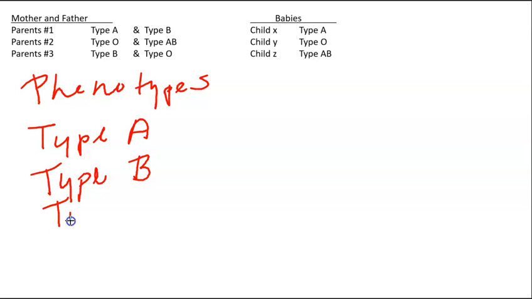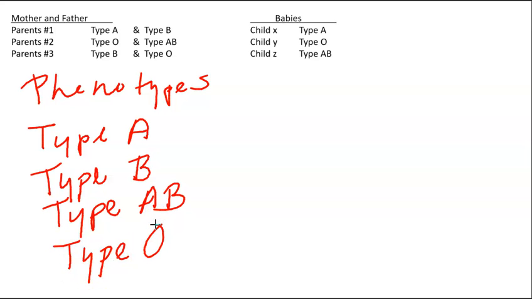We have type AB. And we have type O. The genotypes, or the genetic makeup of these blood types, and this is, of course, according to your book.